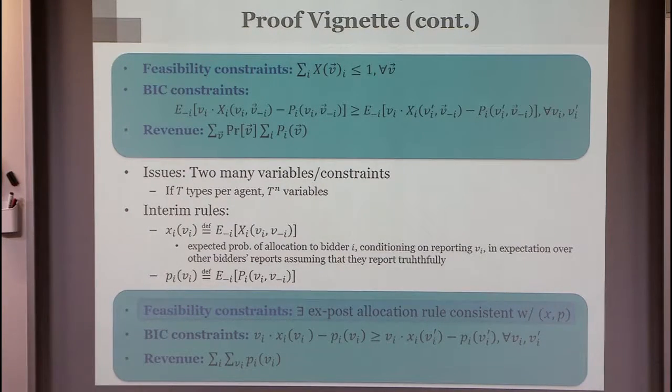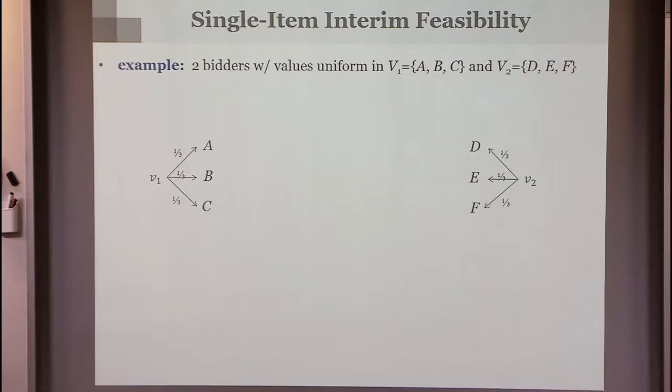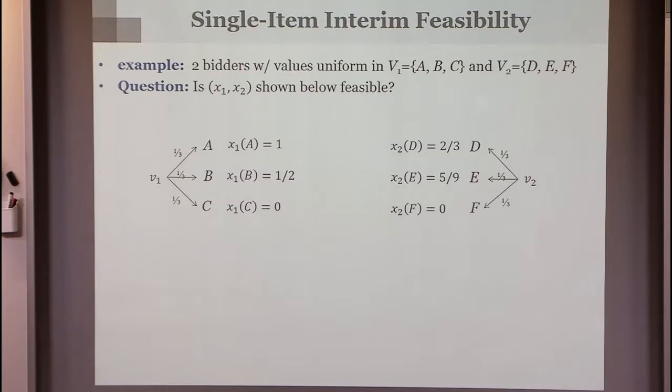Okay, so let's dwell a bit on this and look at an example. Suppose I have two bidders, and their values are drawn from these sets: for bidder 1, A, B, C, uniformly at random, and for the other bidder from the set D, E, F. Now somebody proposes the following interim allocation rule to us, and we want to decide if this is feasible, namely, if there exists an ex post rule that induces this interim rule.